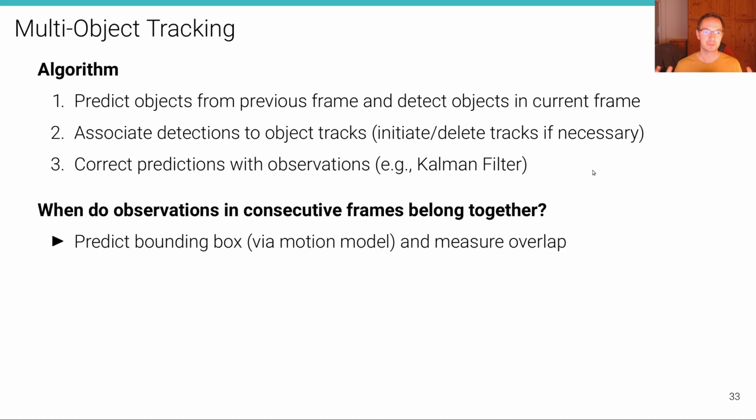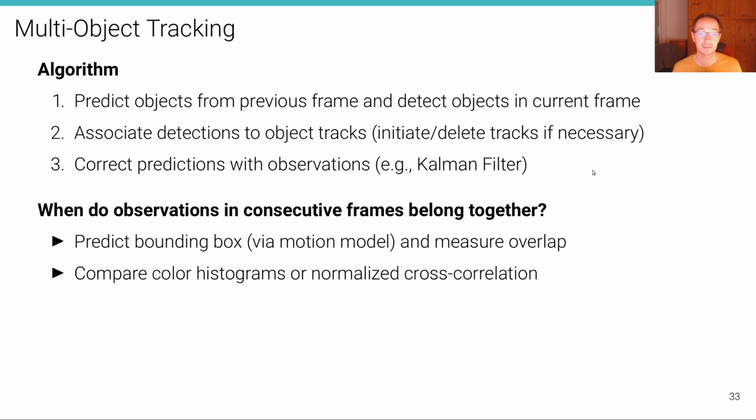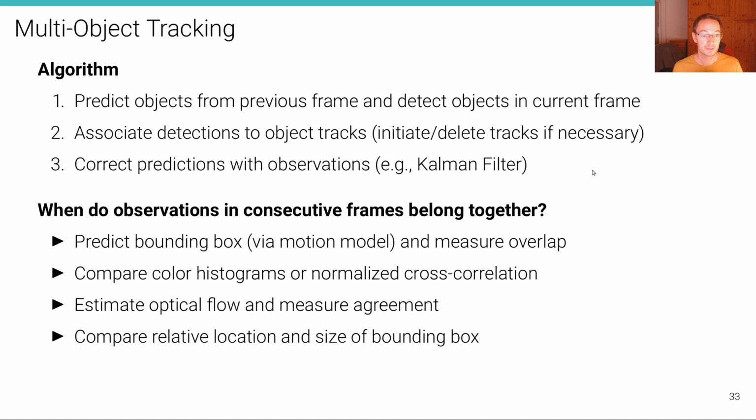Now, how can we measure for the second step, for the association step, that observations in two consecutive frames belong together? There's multiple things that we can look at. For example, we can predict the bounding box via the motion model and measure the overlap with respect to the detections. Or we can compare color histograms or perform normalized cross-correlation between the patches. We can also estimate optical flow and measure the agreement of that, and compare relative location and size of the bounding box, assuming objects don't shrink or grow dramatically between two frames.